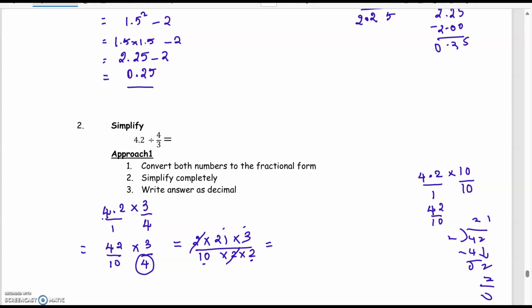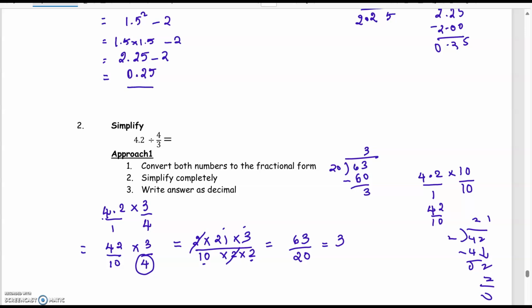So we have 21 times 3, which is 63, divided by 10 times 2, which is 20. We can change this to a mixed number. 20 goes 3 times into 63, leaving a remainder of 3.